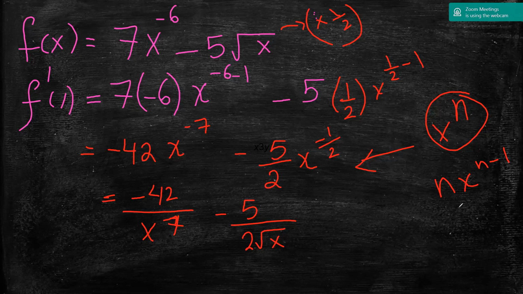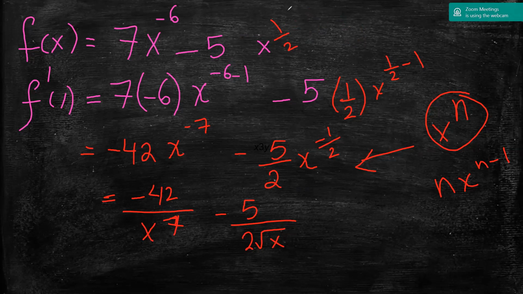This 5 square root of x, I can write it as 5 times x raised to the power half. So it will be 5 times half times x raised to the power half minus 1. Teacher, isn't the 5 and the x multiplied?